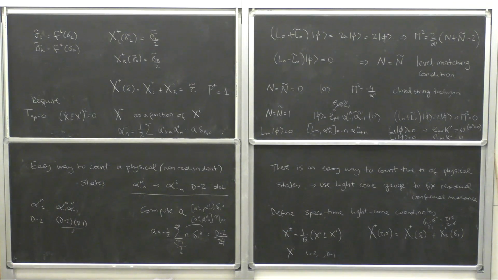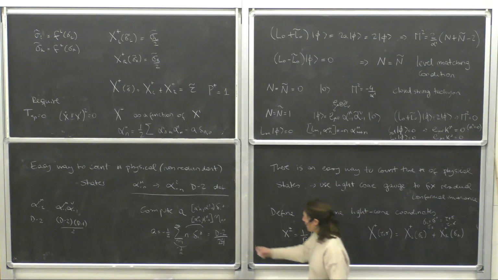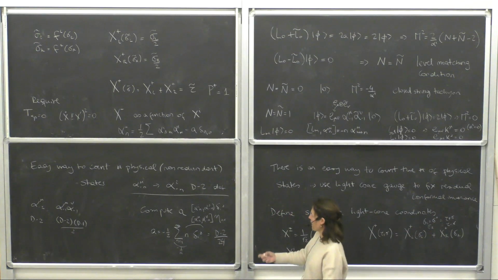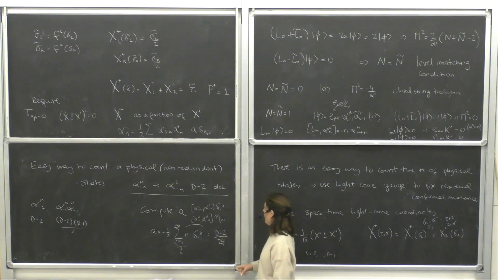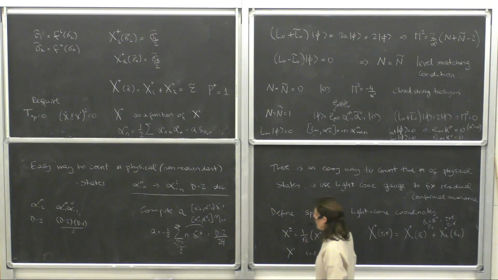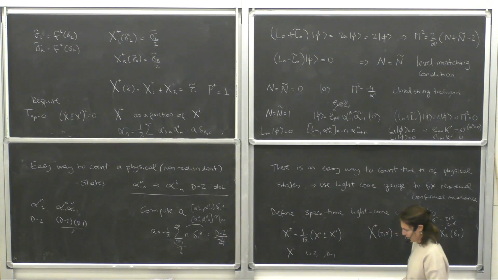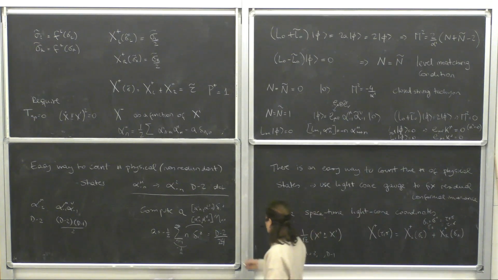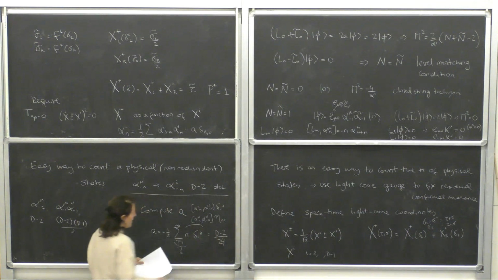But okay, this is a bit circular. How does d equal 26 arise? Well, if you do quantization with ghosts, the ghosts have central charge minus 26, and the central charge of this system is equal to d, so that means d equals 26. And there's also a third way of seeing it.